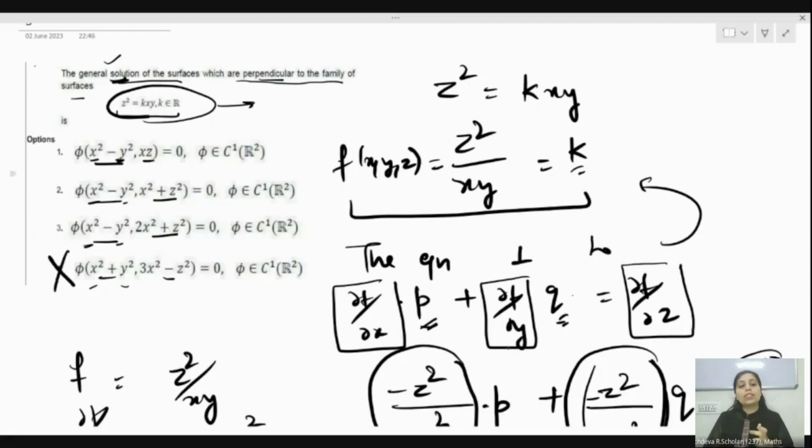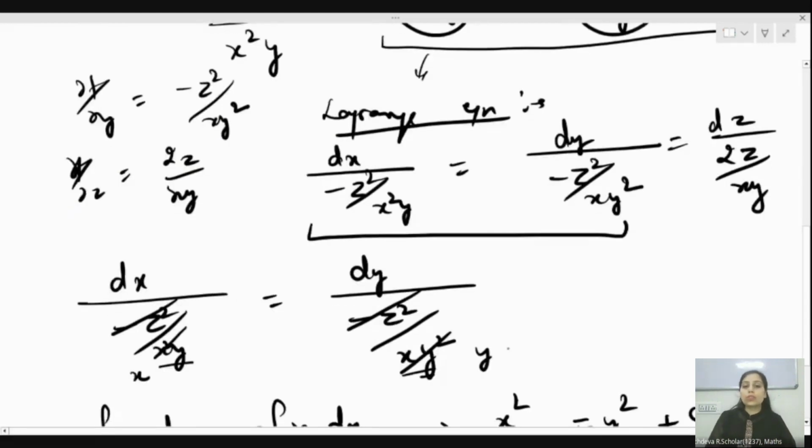Let's see which satisfies the second one. Here the second one is either x z, x square plus z square, or 2x square plus z square. It means now we have to solve only x and z. So taking the last and first, x and z.